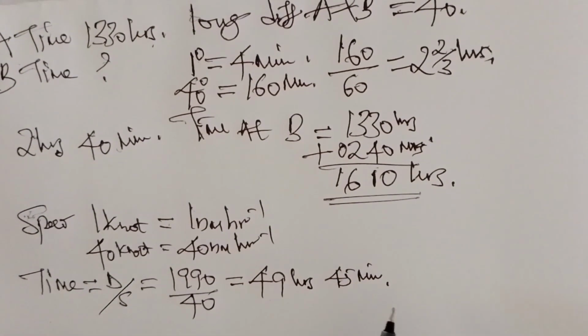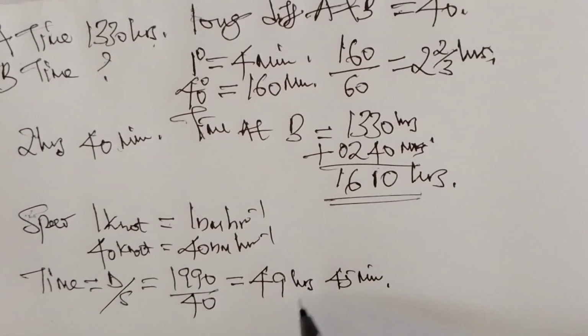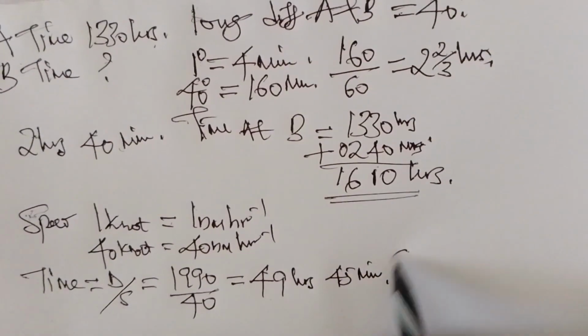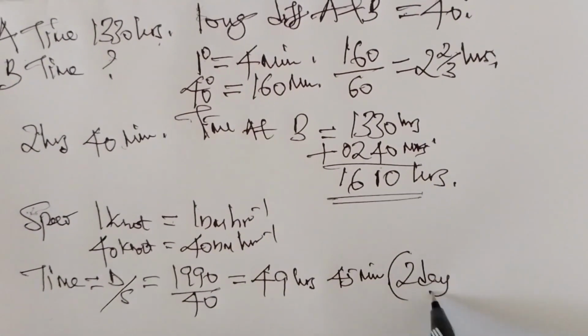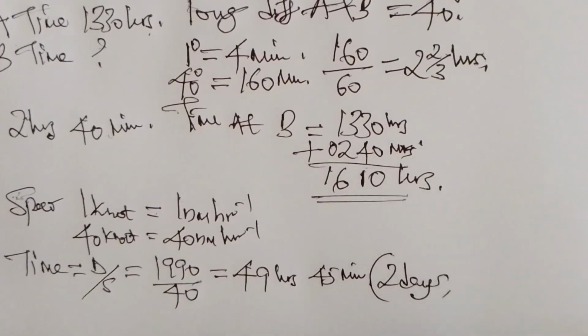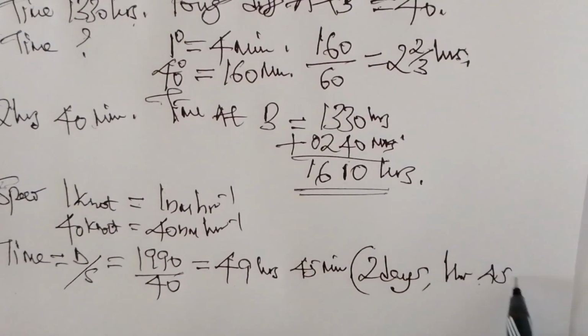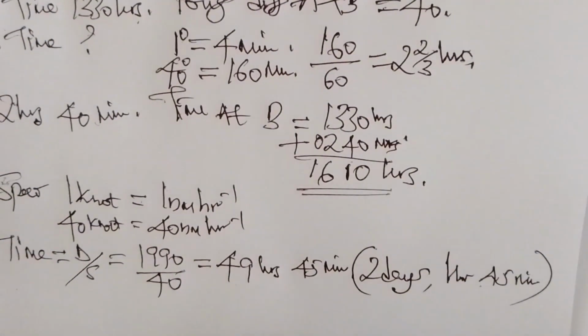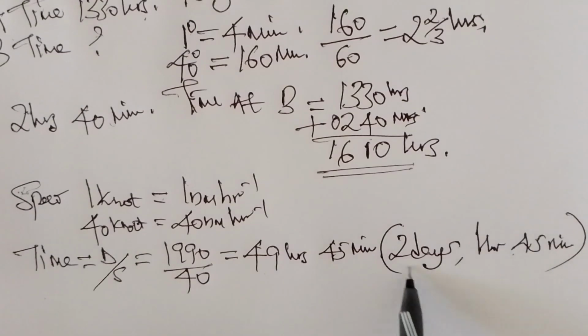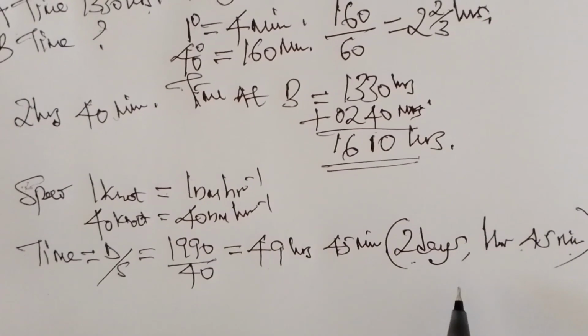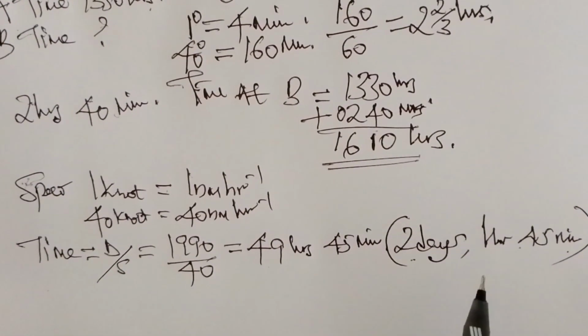What does it mean? We know that a whole day has 24 hours, so this is equivalent to 2 days. It arrived at port B after 2 days, 1 hour, 45 minutes. So which day are we referring to?